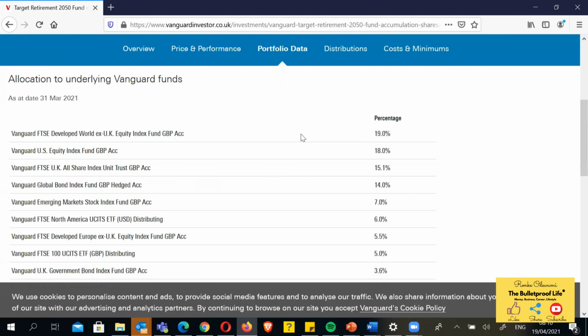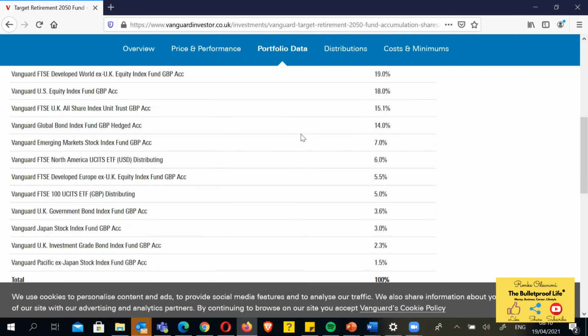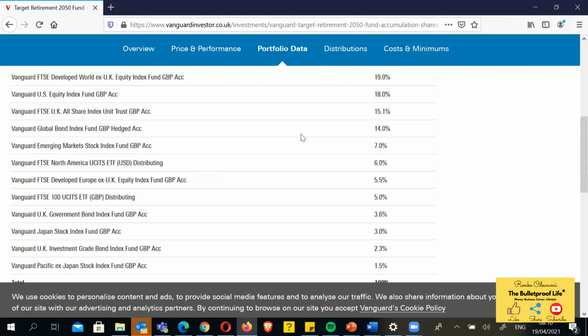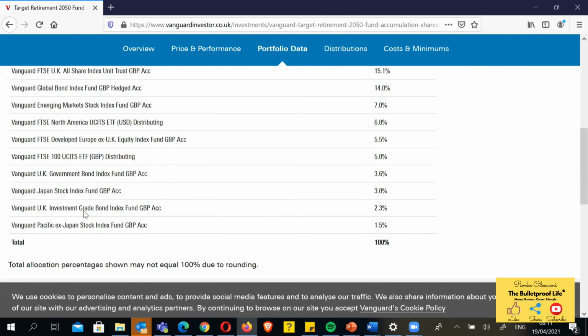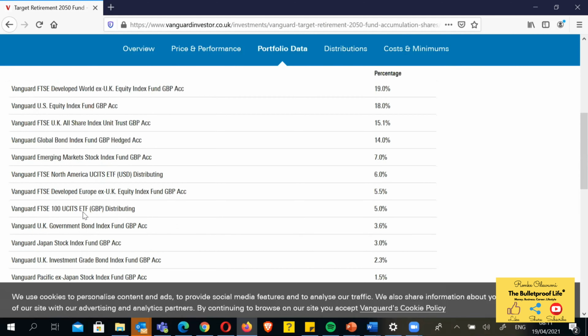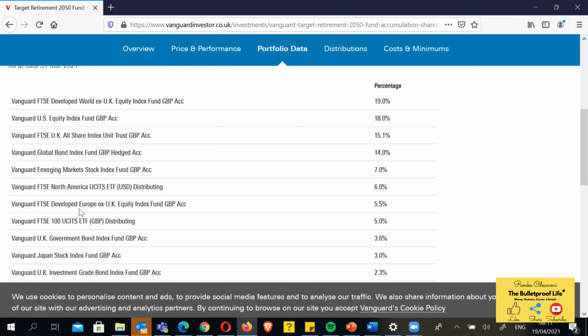Vanguard kindly also tells you how the fund is allocated, what your money is being put to. And as you can see here, your money is spread across equity index funds, US equity, world equity excluding UK, then FTSE UK, then global, emerging markets, North America, developed Europe. It splits your money quite nicely, so you don't have to worry about individually allocating your money to different things.